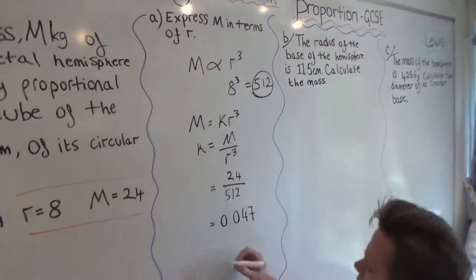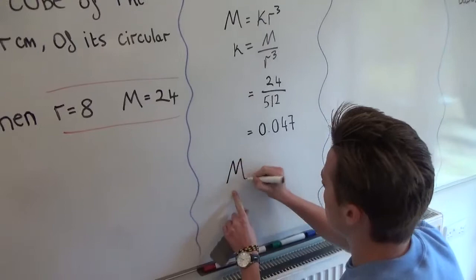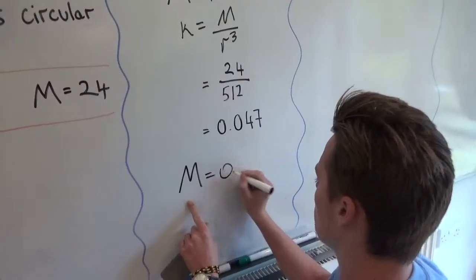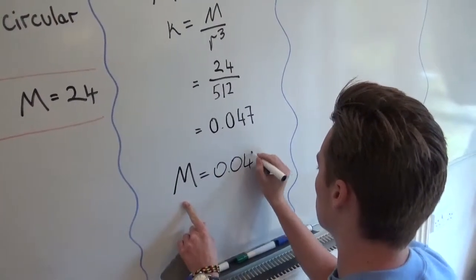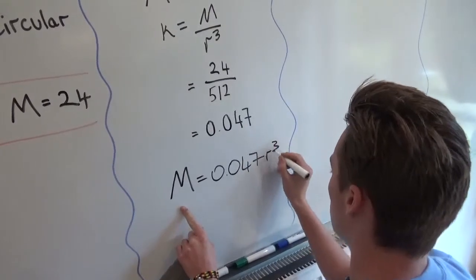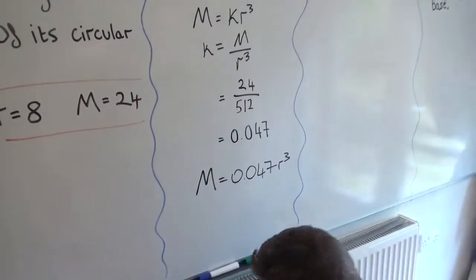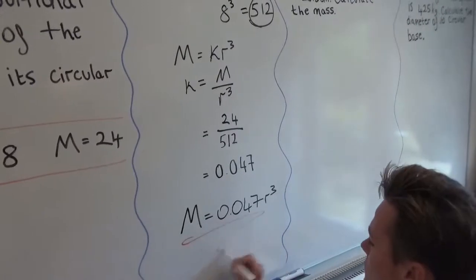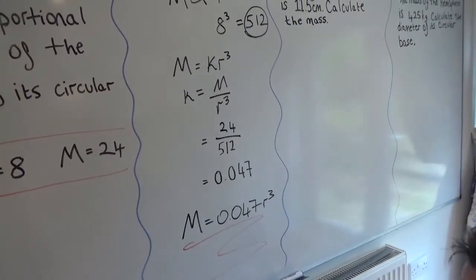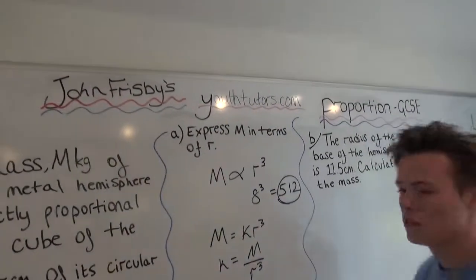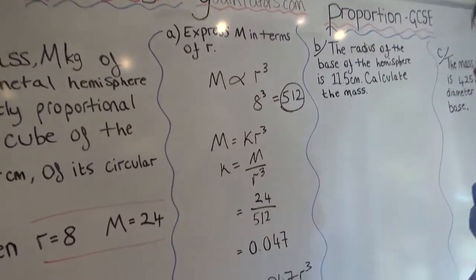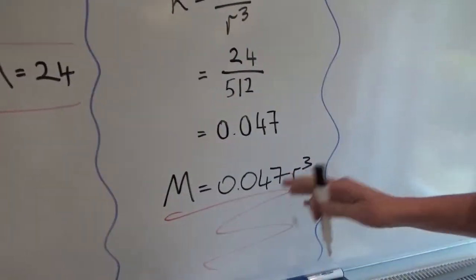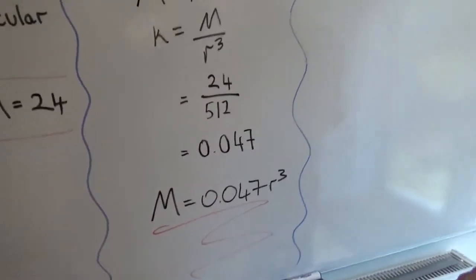That means the mass is equal to 0.047 r cubed. I'll do a little red underline there. That works for expressing m in terms of r: m equals 0.047 r cubed.